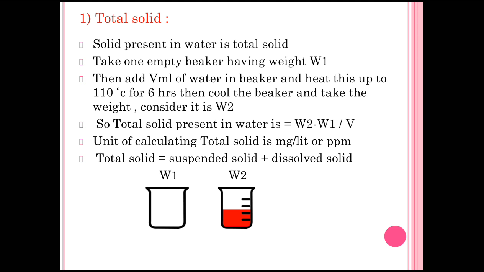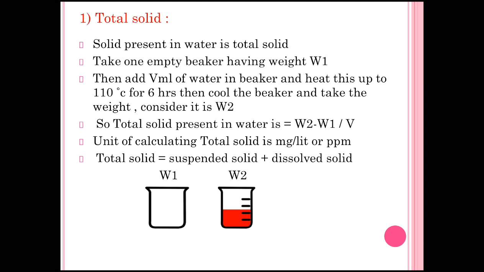Let us take an empty beaker having a weight W1. Now add some V mL of water to the beaker and then heat it up to 110 degrees Celsius for 6 hours. That means take the empty beaker whose weight is known to us, add water, and after adding the water, heat the beaker up to 110 degrees Celsius for 6 hours.